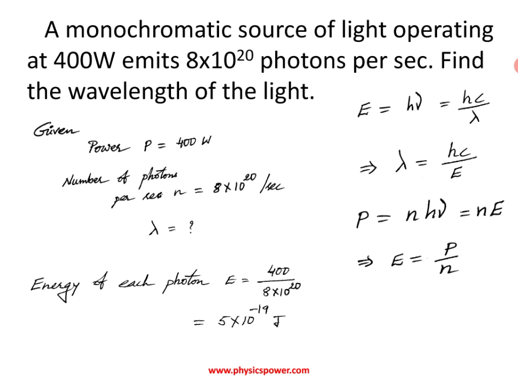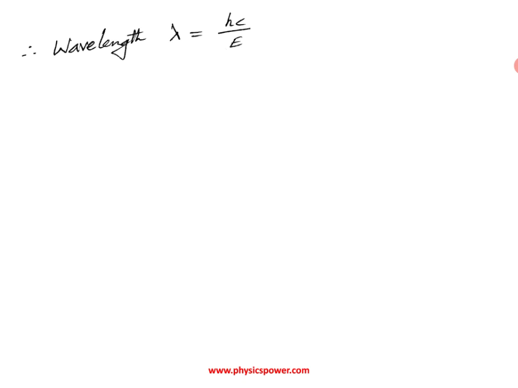Now substitute the E value in the formula. H and C are constants, and the E value, if you substitute in this formula, wavelength lambda equals hc by E. Planck constant 6.63 into 10 to the power minus 34, into 3 into 10 to the power of 8 light velocity, by the energy of the photon E, 5 into 10 to the power of minus 19 joule.